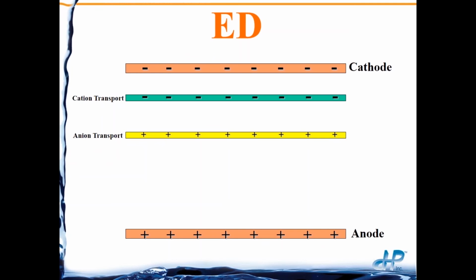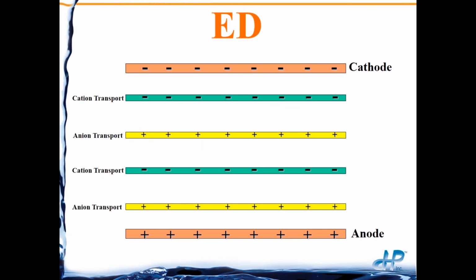And then the anion transport resin membranes would be made out of strong base anion resin embedded in a matrix. Water does not pass through these membranes, only the ions. So cation transport means that cations, which are positively charged ions, can pass through the membrane. Anions cannot. An anion transport membrane allows anions to go across it, but will not allow cations.